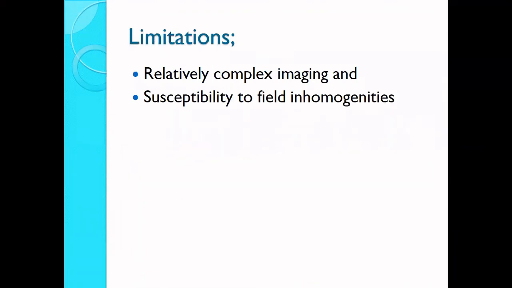Limitations are here. It is relatively complex imaging, because it contains this balanced SSFP with the free induction decay, that of the echo using small TRs. So it's a complex sort of imaging, and what we mean by this is that we can't take such imaging in low Tesla machines, but we require a high Tesla machine.